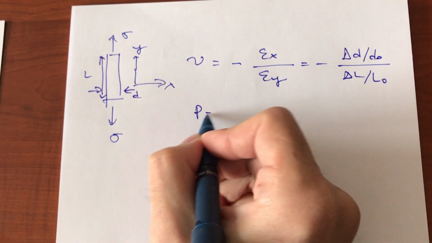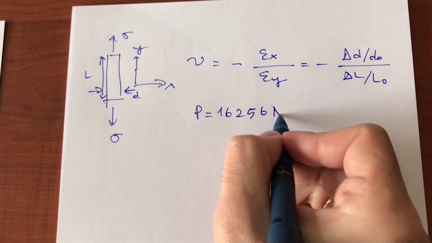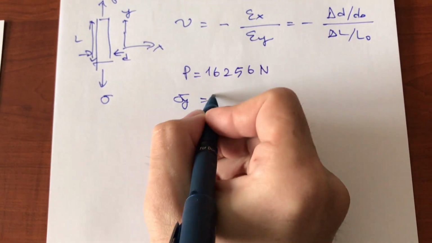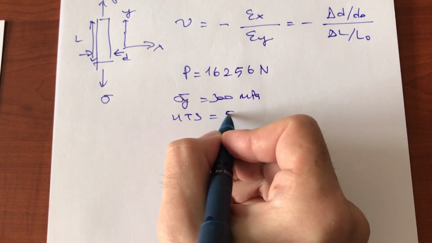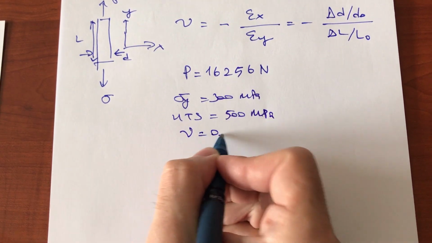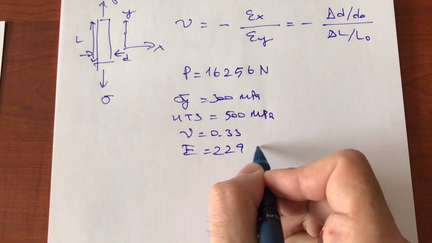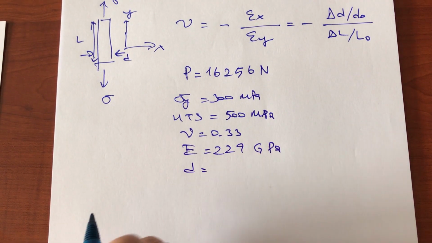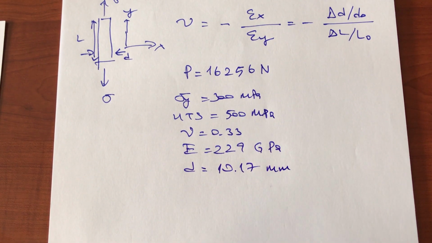Okay, the tensile force is given as 16,256 newtons. We have the yield strength as 300 megapascals, the UTS as 500 megapascals, Poisson's ratio as 0.33, Young's modulus as 229 gigapascals, and we also have the original diameter as 10.17 millimeters.